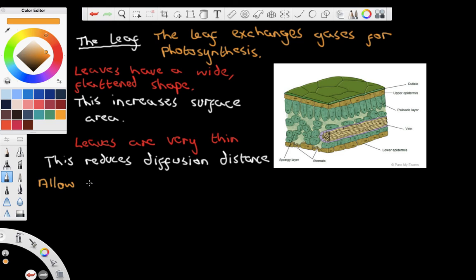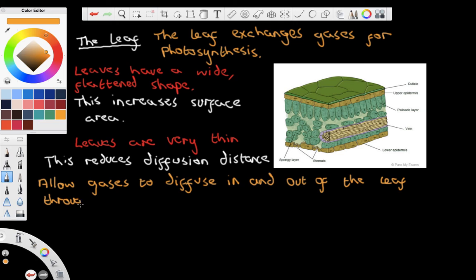So allow gases to diffuse in and out of the leaf through holes known as stomata.